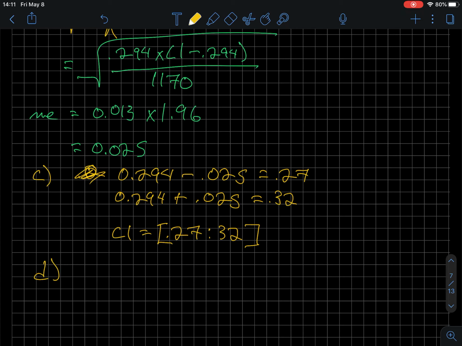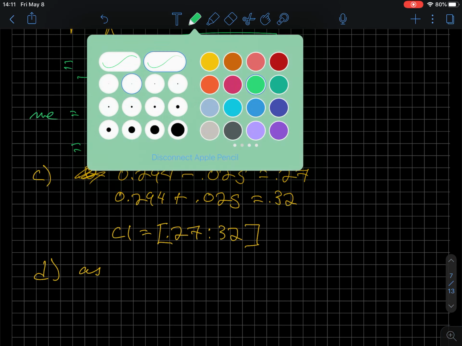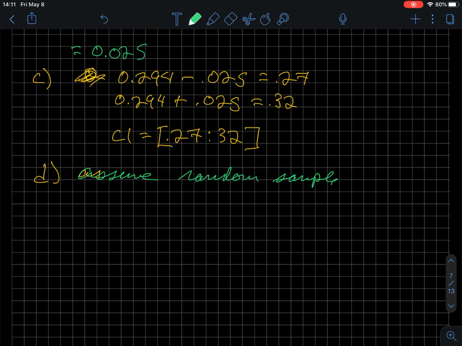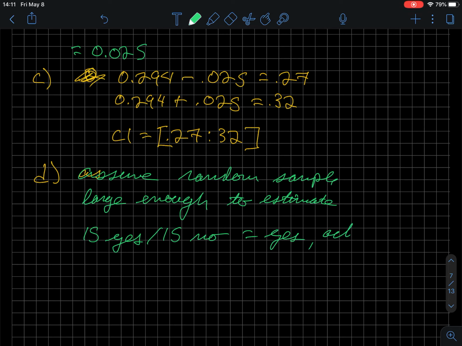We have to assume a random sample that is large enough to estimate, so this would be the 15 successes and 15 failures. We can say yes, we achieved the conditions.